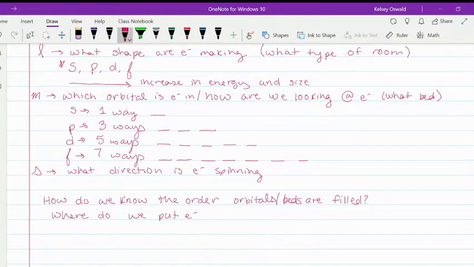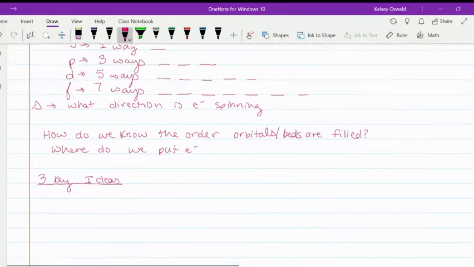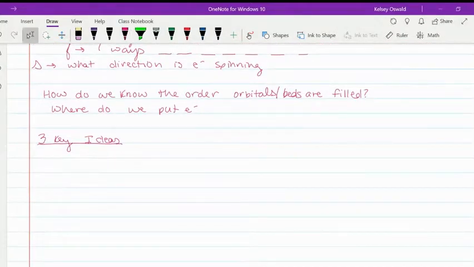Okay. So there's going to be 3 key ideas that we're going to look at to answer this question. Okay, all are going to be named after the scientists who came up with the idea. And we always got to tip our hat to the scientists that developed an idea.